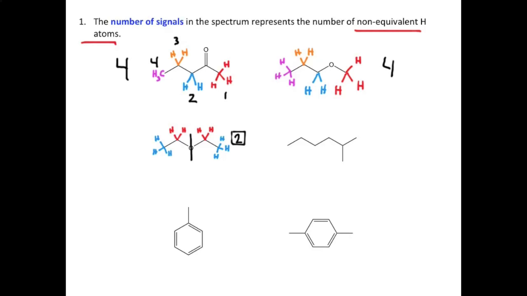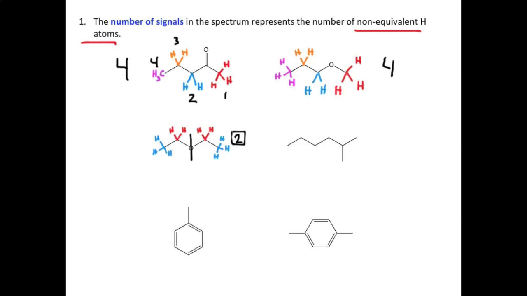And that's really the thing we have to remember about this, is because these hydrogens are in the same environment, this hydrogen in red is connected to a carbon, which is connected to an O and then a methyl. That's the exact same environment as the other side. So this is symmetric, so we only have 2 sets of non-equivalent hydrogen atoms. Our spectrum would only show 2 different signals.